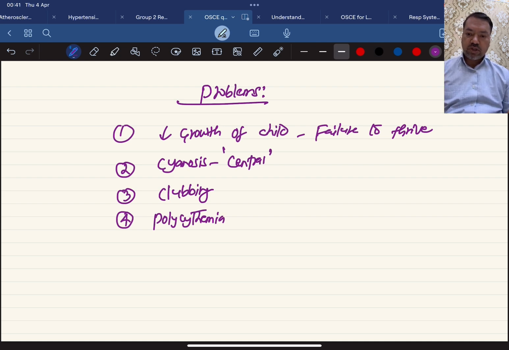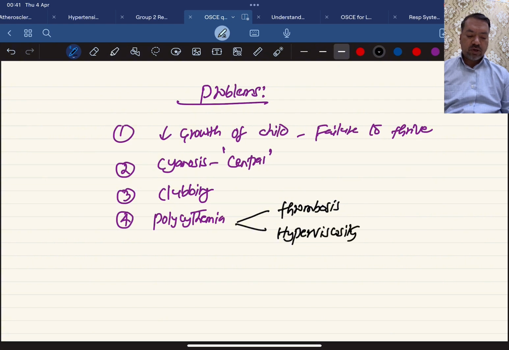Because of the erythropoietin released by the kidney, it will act on the bone marrow, and there is excessive synthesis of the RBC. Now, this polycythemia can result in thrombosis, and it can also result in hyperviscosity of the blood. Both of these can result in ischemia of different body parts. They can also cause stroke, remember that.